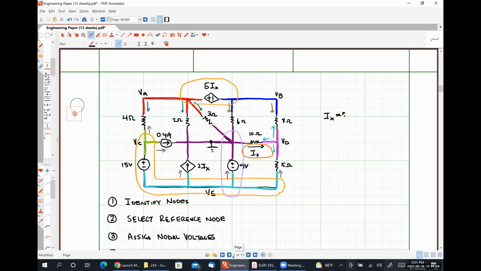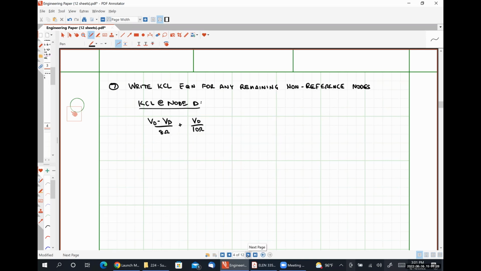The current flowing down is going to be VD minus VE over 5 ohms. And set this equal to 0, okay? Here is our 6th equation. We have 6 equations, 6 unknowns.